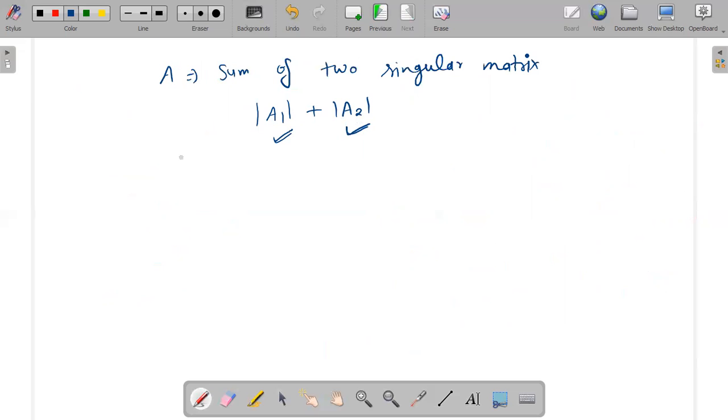From here, we can say that the determinant of A is also 0, right? That means A is also a singular matrix.